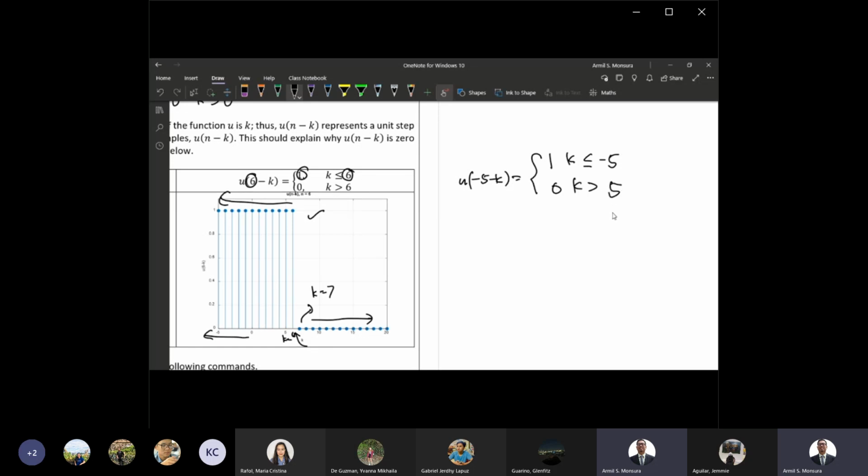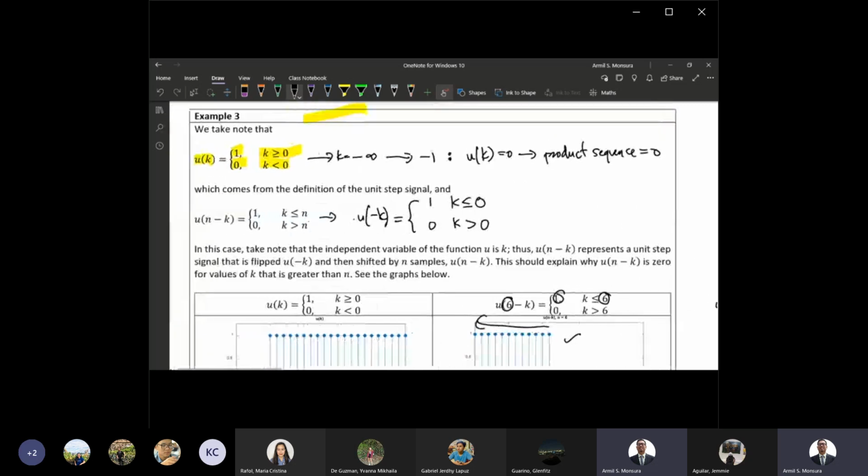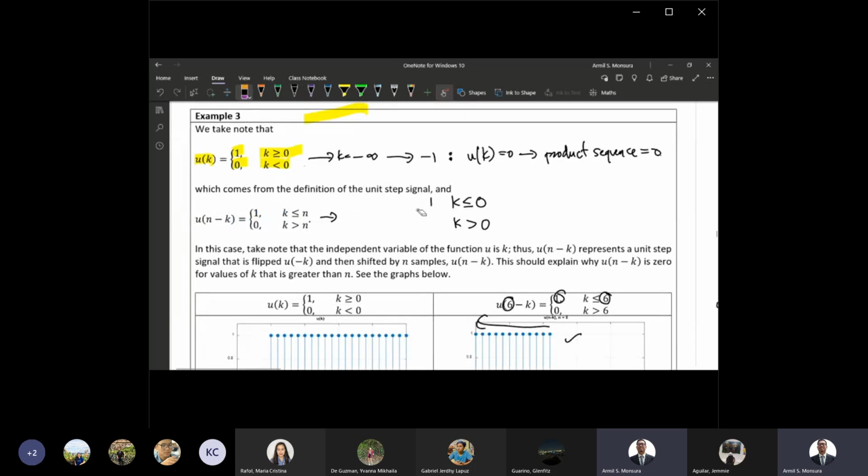So, pag lumampas siya, magiging 0 na siya. So, in general, yung value ng U of n minus k ninyo is 1 for k less than or equal to n. Sa kaliwa ng n, 1 siya. Sa kanan ng n, 0 siya.